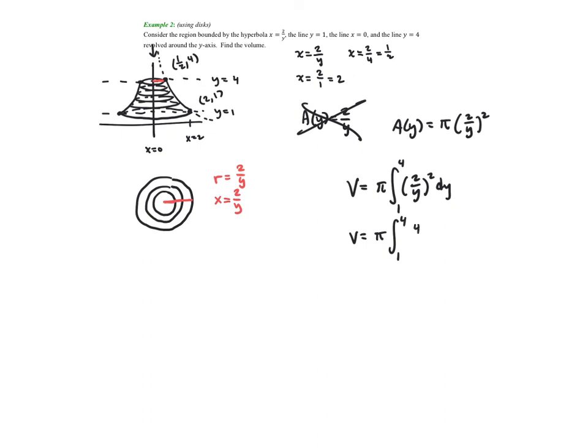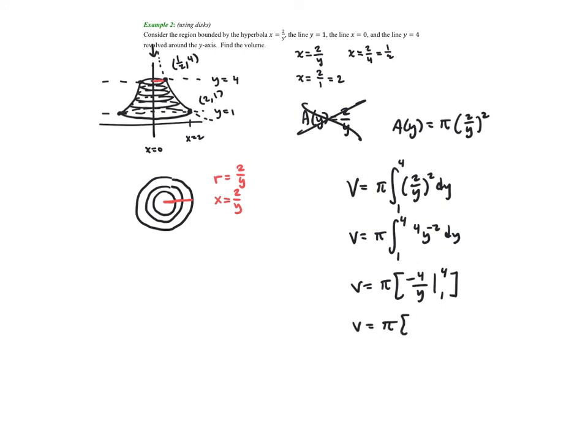Now I'm going to write it as 4y to the negative 2 dy. Okay, let's find the antiderivative. That'll be pi times negative 4 over y evaluated from 1 to 4.